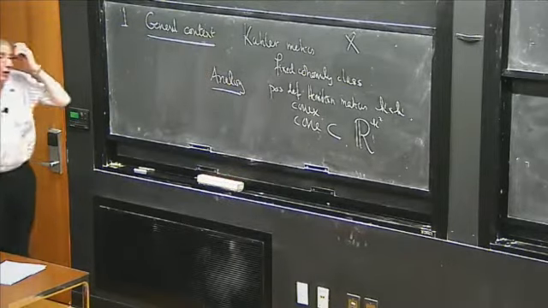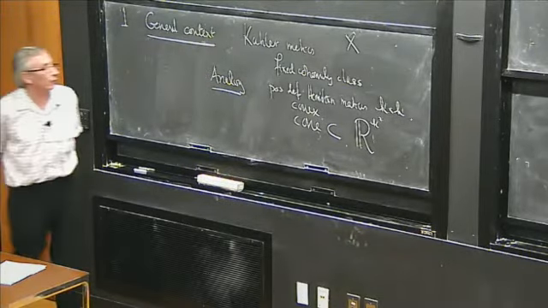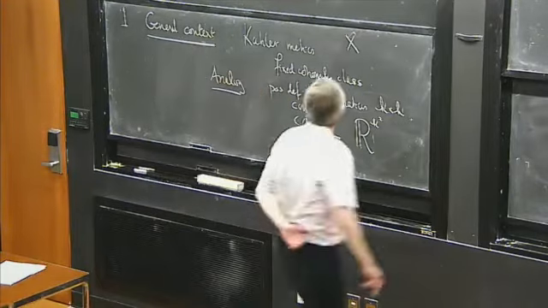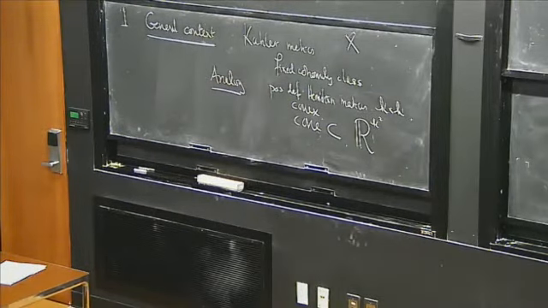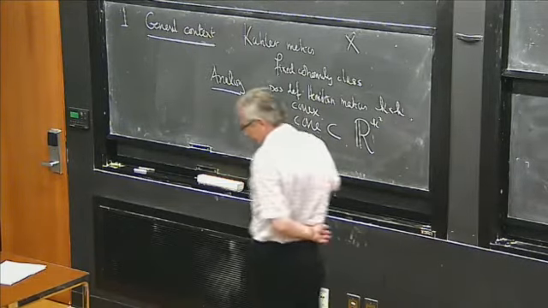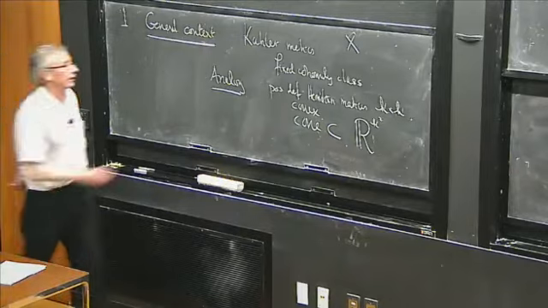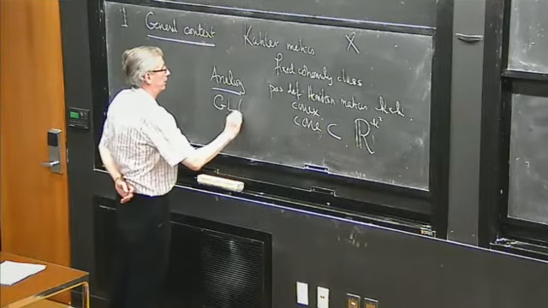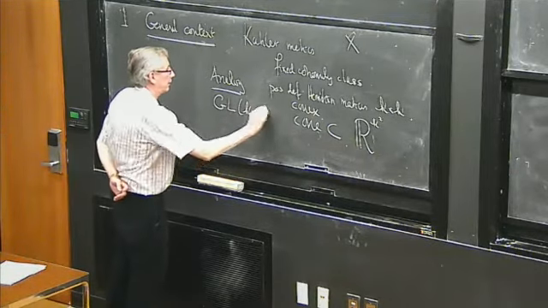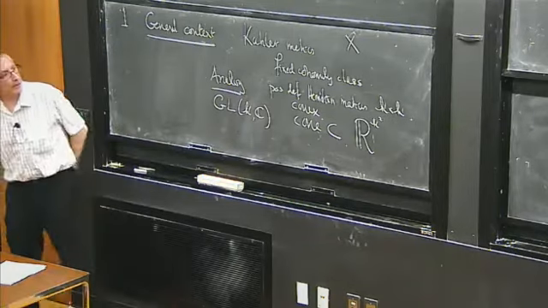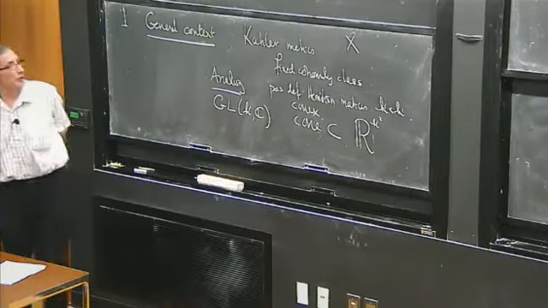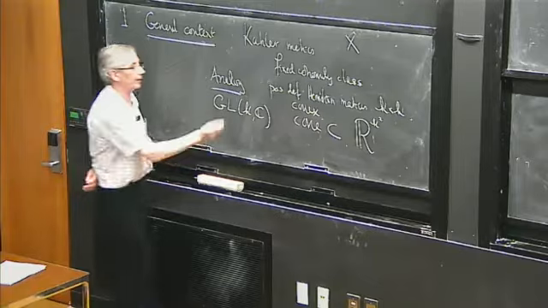On the other hand, we can think of this as a symmetric space, because any two positive definite Hermitian matrices are equivalent under the action of the general linear group. So the stabilizer of one of them, if we take the standard positive form, the stabilizer is the unitary group.